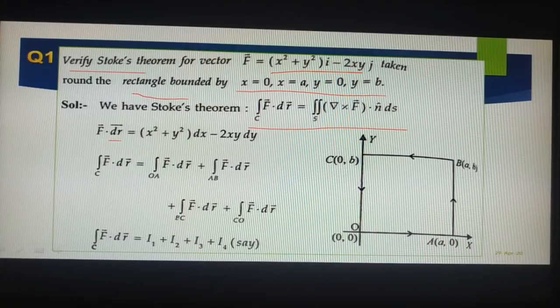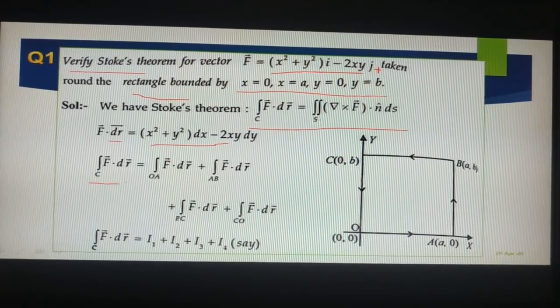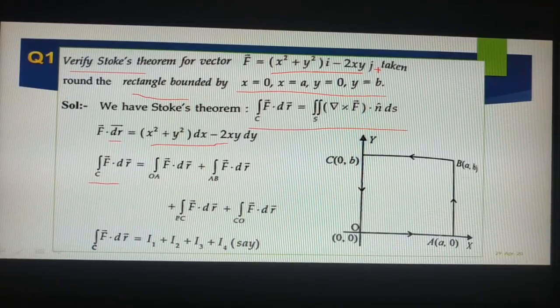But here the third component is not there, so we will simply find it for two components. Anyway, you just find integral f bar dot dr here. So along the line you have to go and find it. As I said, this is common for both Green's theorem as well as Stokes theorem, right?